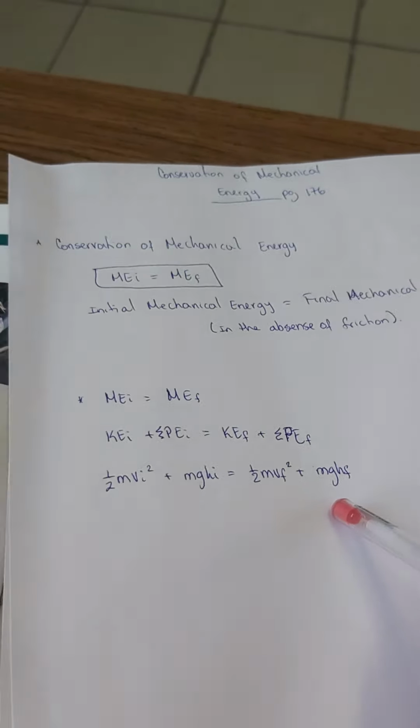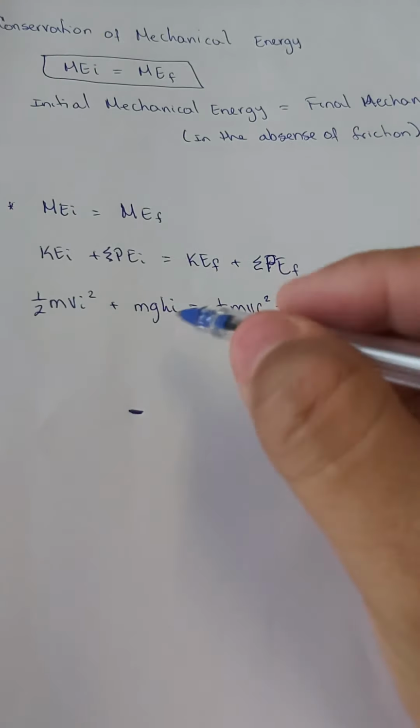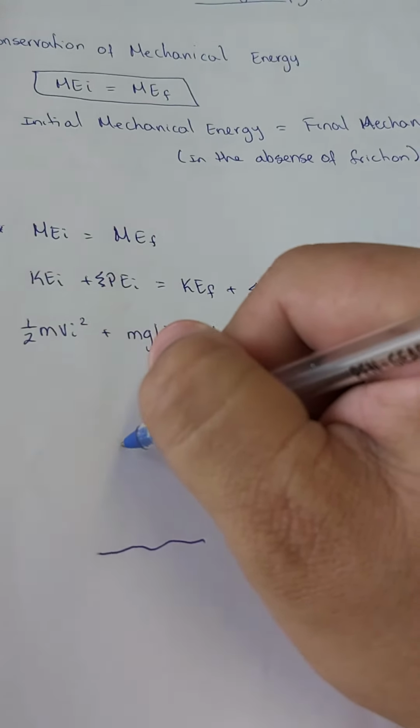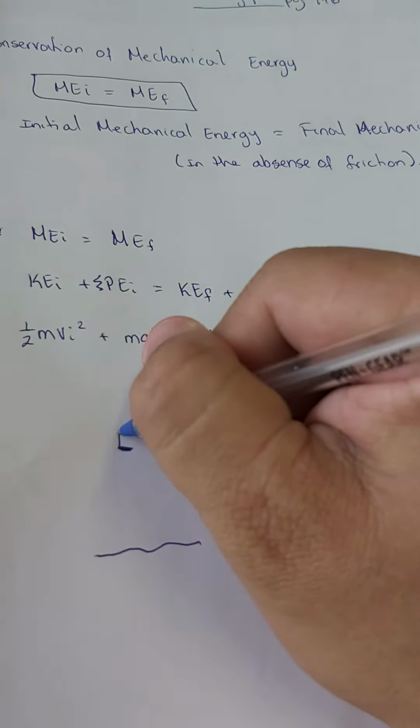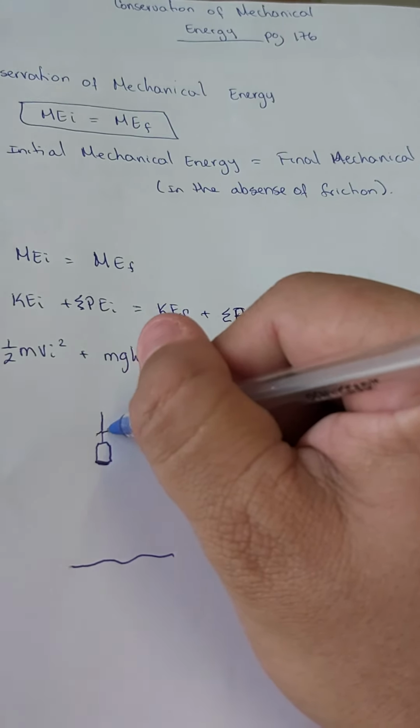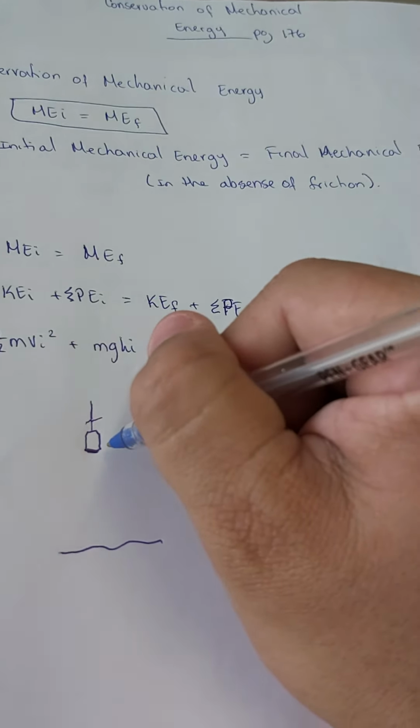So in these types of problems that we're going to be discussing, when we have a mass at a certain height, let's suppose that we have this mass, and then we cut this string. We cut it from here.